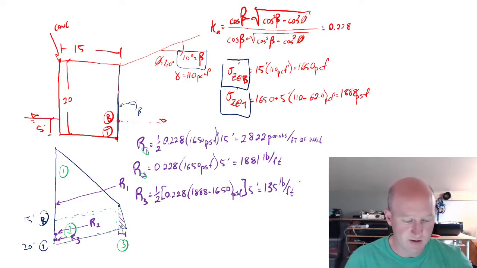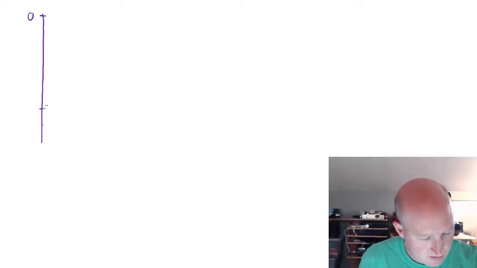So let's redraw these resultants by themselves along the back face of a wall. So here's 0, 15 feet, and 20 feet.